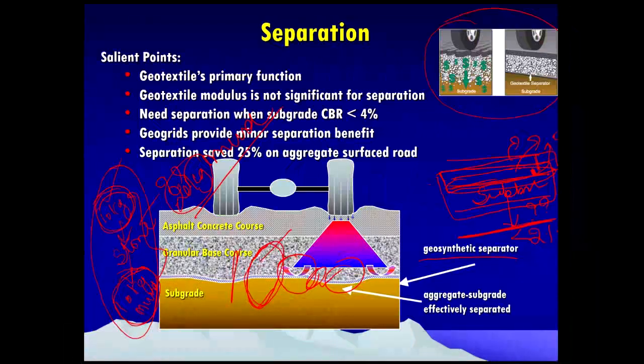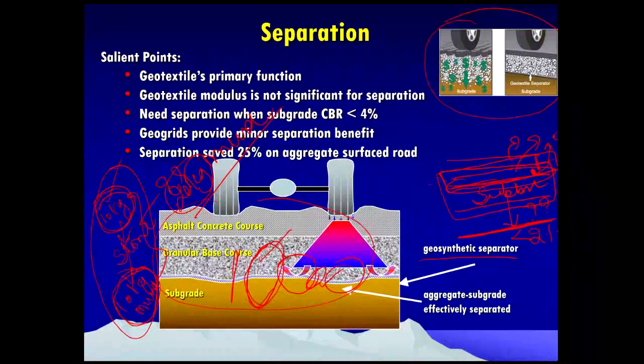So when this occurs, we have a situation called sacrificial aggregate. This is called a sacrificial aggregate, which is all too often the case without the use of proper separating geotextiles. This is what is shown in this mechanism.